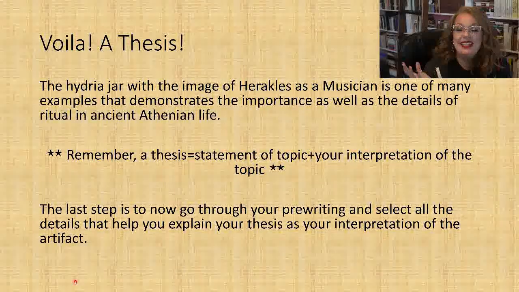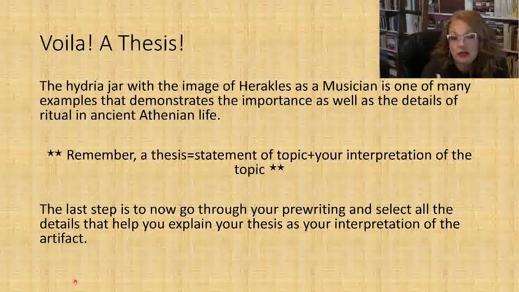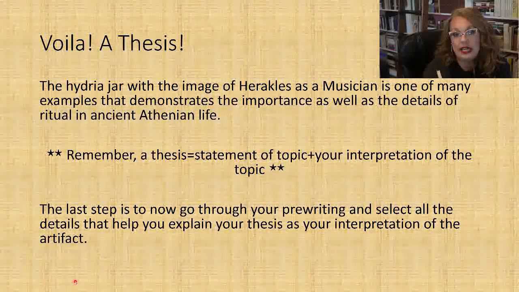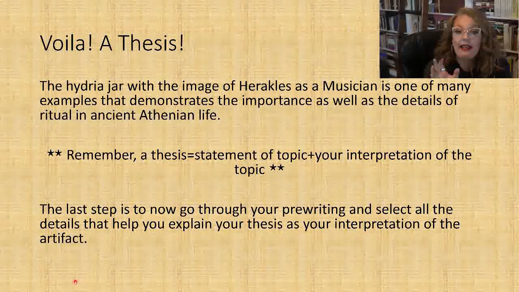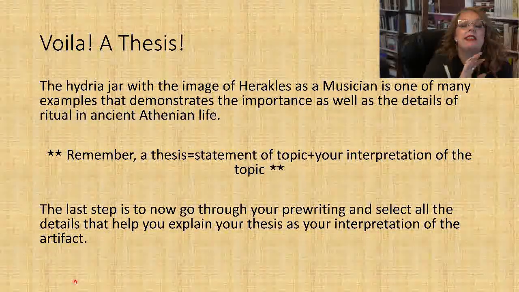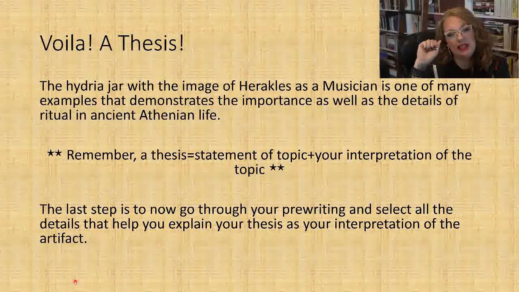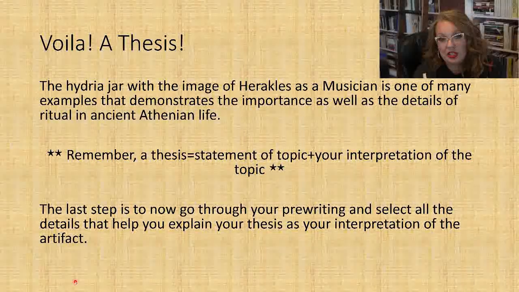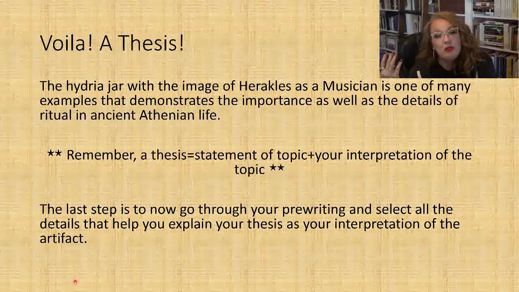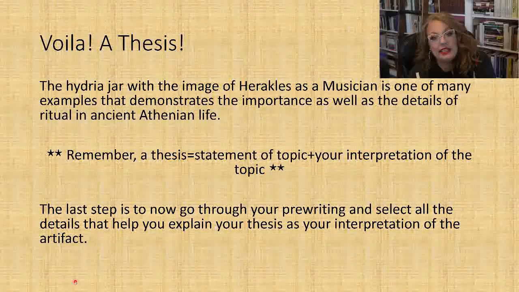And then I would ditch everything that I didn't really need for that, and I would keep all of the great information from my pre-writing that applies to this thesis statement and structure that into an essay. And once you get it outlined in the order that you want to talk about it, it's going to be really, really easy to write it up.